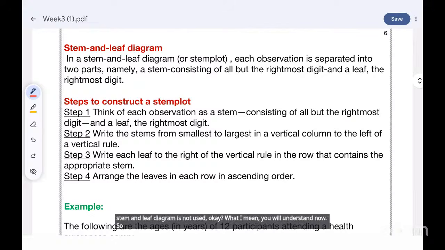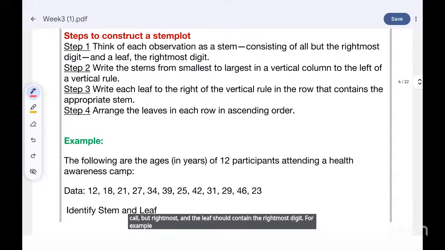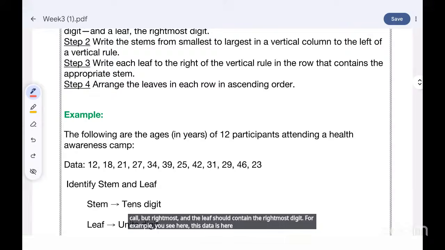So in a stem and leaf diagram or stem plot, each observation is separated into two parts, namely a stem consisting of all but the rightmost digit, and a leaf, which should contain the rightmost digit. For example, you see here this data: 12, 18, 21, 27, like this you have data, right?